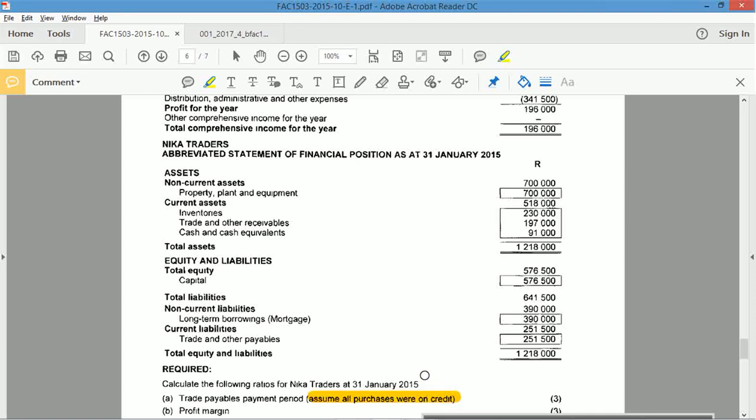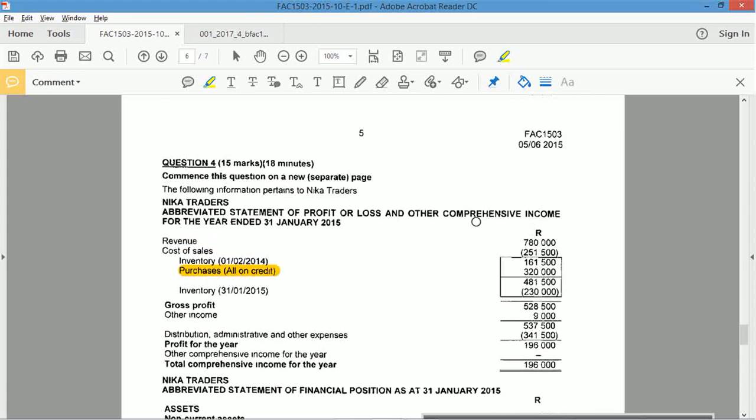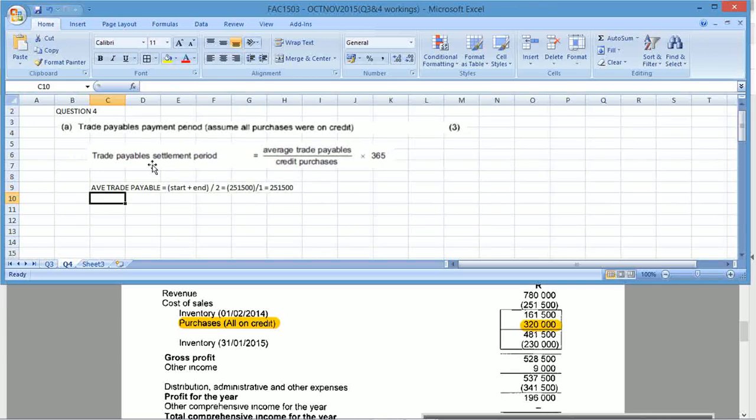There it is. So if you're assuming all purchases were on credit, this was all on credit, 320,000. So you're going to have, as a ratio, trade payables settlement period equals 251,500 divided by 320,000 times 365 equals an answer.